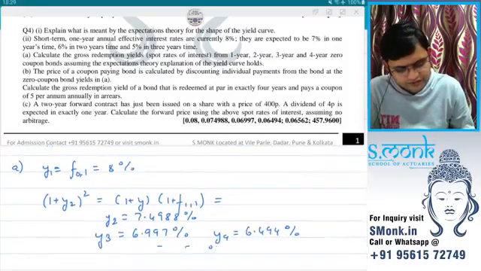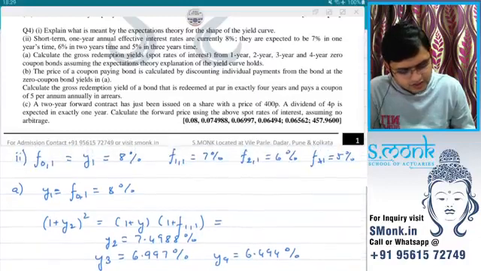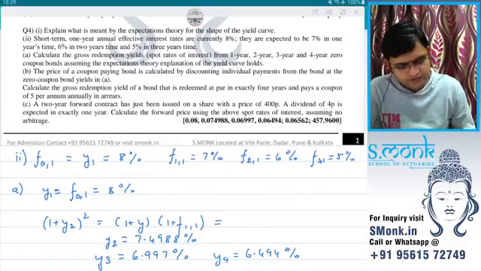No, that is not y5. I think that is answer of B. So we will be going up till only y4.